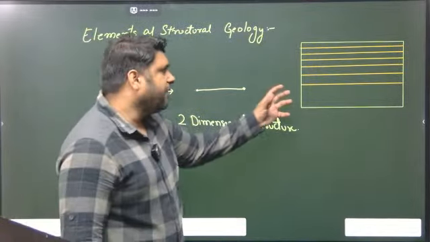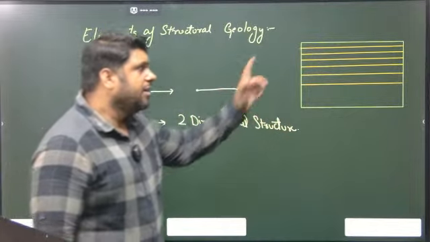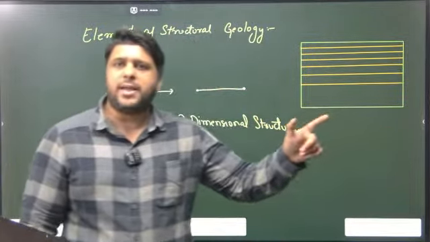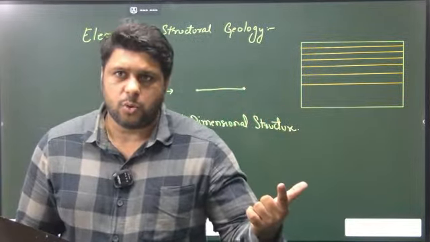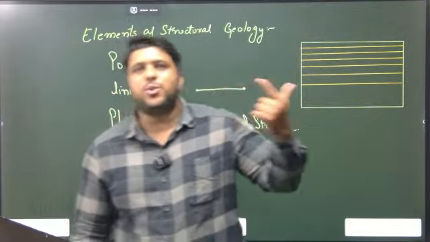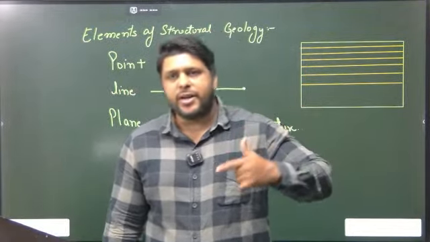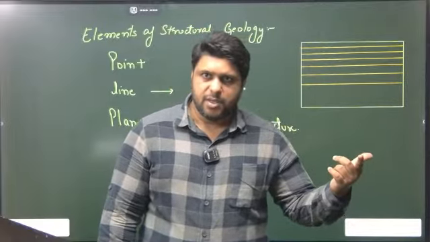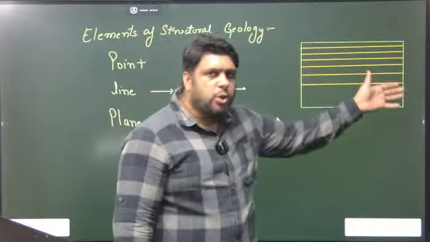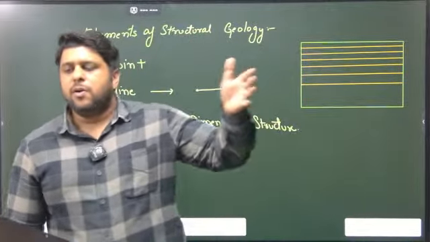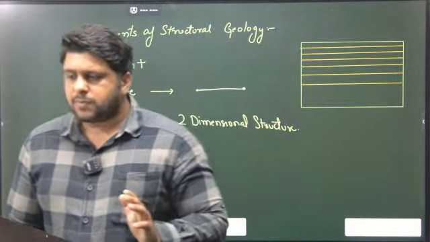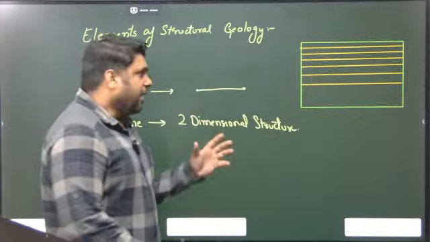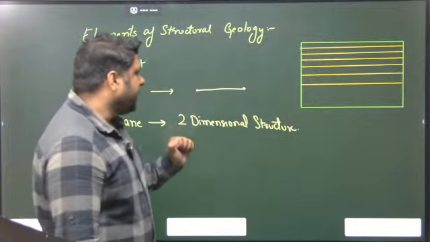Planes have infinite lines, and lines are formed by joining 2 points, so a plane has infinite points as well as infinite lines. Lines can be drawn horizontally and vertically also. Up to here I think everyone has understood.